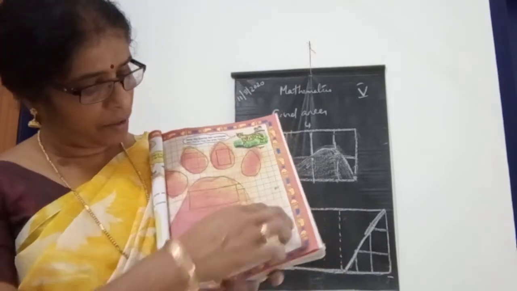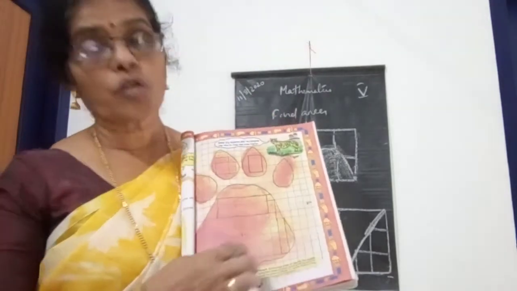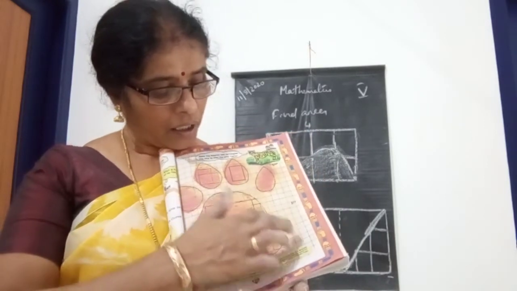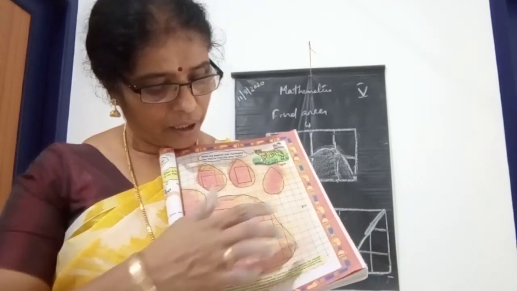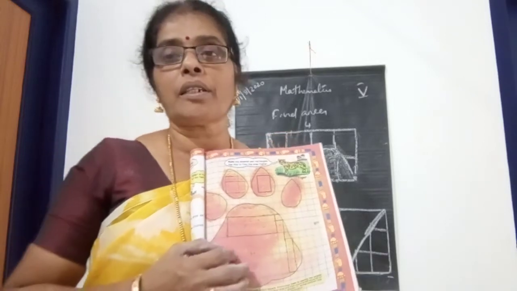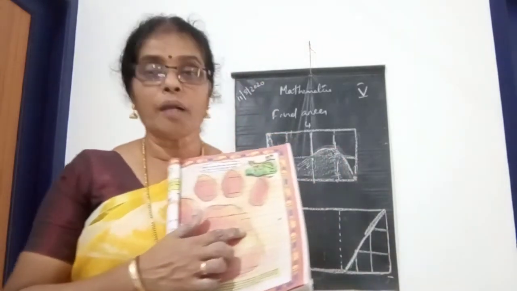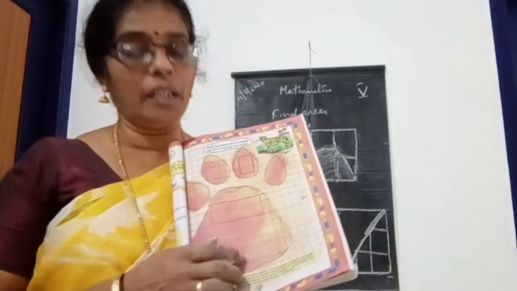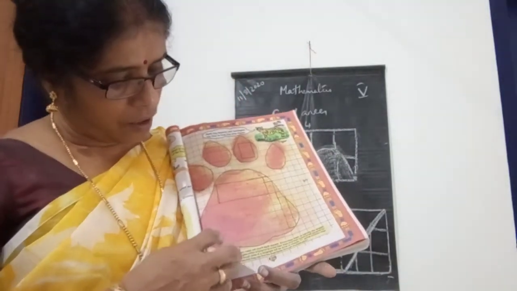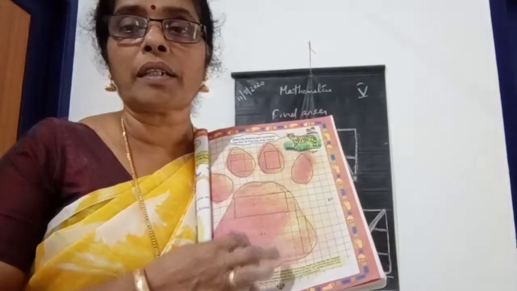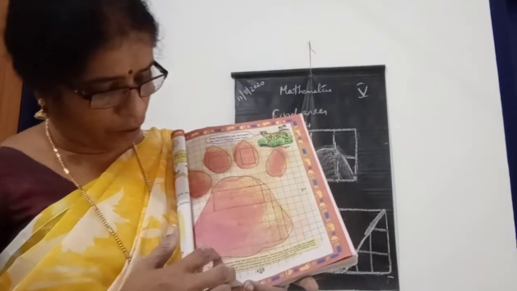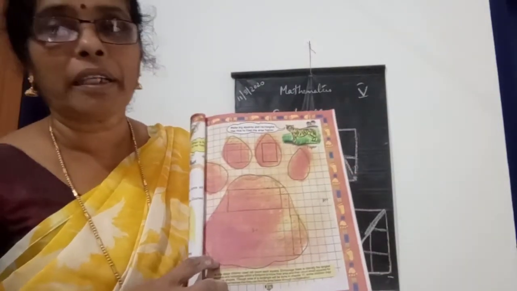Here in this figure, you can see so many completed squares, isn't it? In this area, you can find many completed squares, and more than half of the square and half square also. From that you can find which part is completed square. That completed square, you have to use to find out the area.